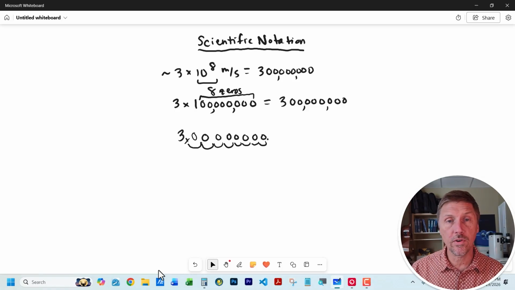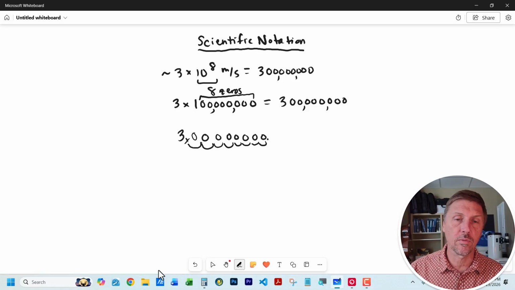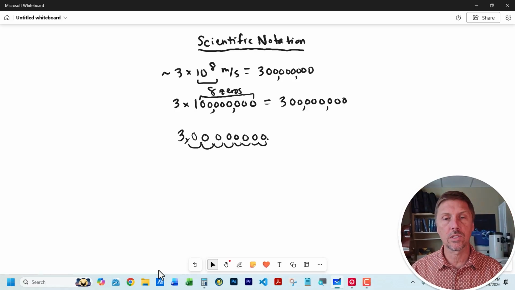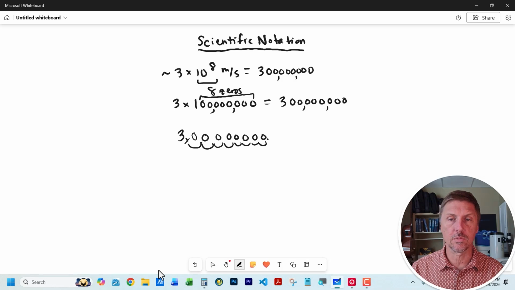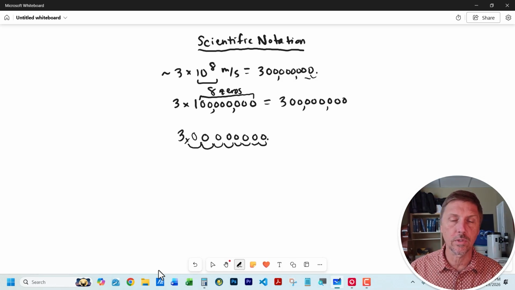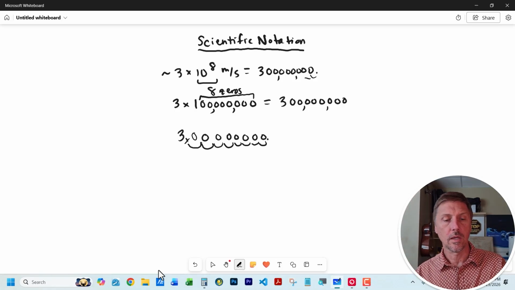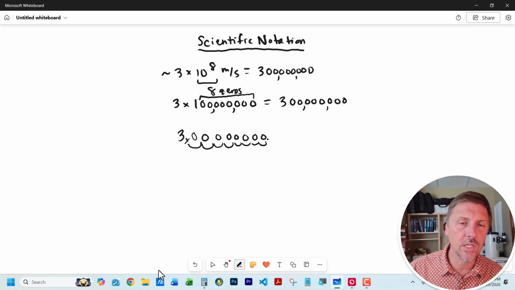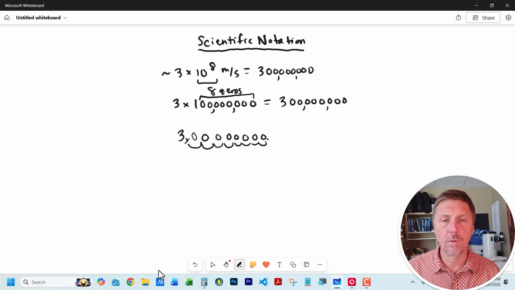Now, if we want to do the reverse, in other words, if we want to go from decimal notation back to scientific notation, then we just simply say we take the understood decimal place that's here, and we're going to hop 8 places to the left until we get to just after the number that's in the very front. If you remember, scientific notation is always represented that way.